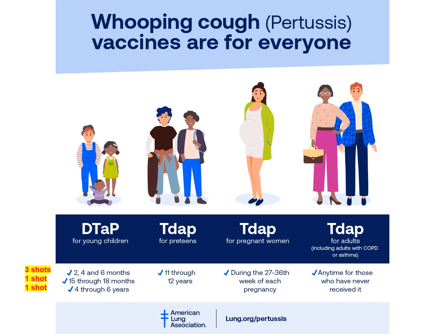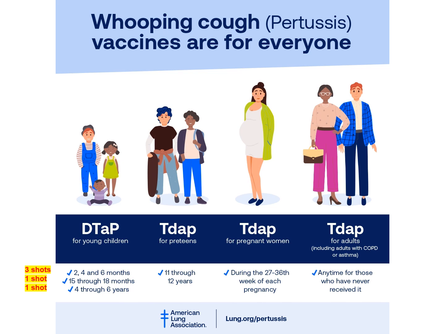So previously, with the attenuated, we only gave 2 doses. With this one, we're going to give 5. So 3 shots occur when they're very young: 2 months, 4 months, and 6 months. 1 shot between 15 to 18 months.